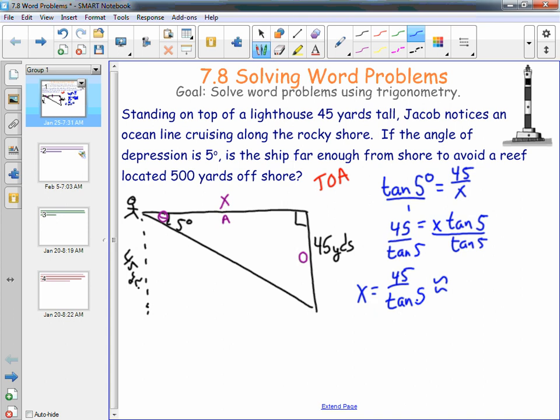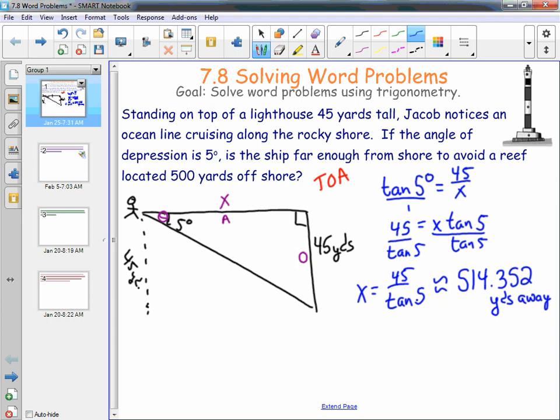And when doing this, I find that the ship is approximately 514.352 yards offshore or away. Now, in most problems, this would be our final answer.